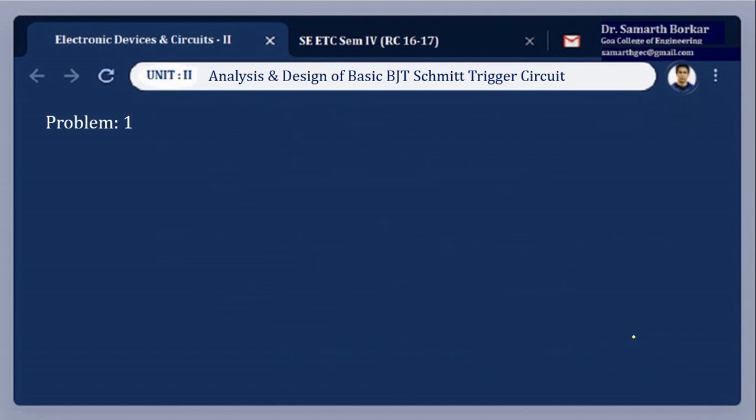We'll continue. Now IB2 plus I2 equals 20 microamperes plus 0.227 milliamperes. So the total current is 0.247 milliamperes.